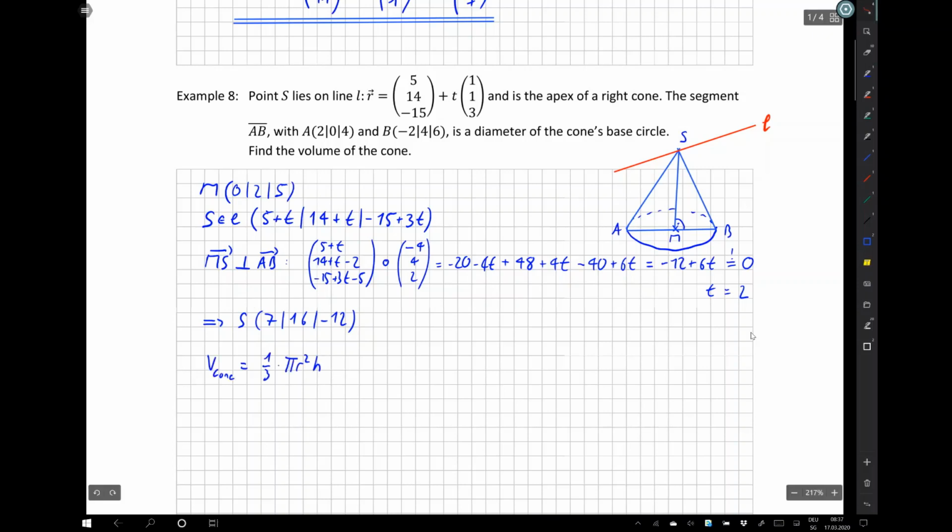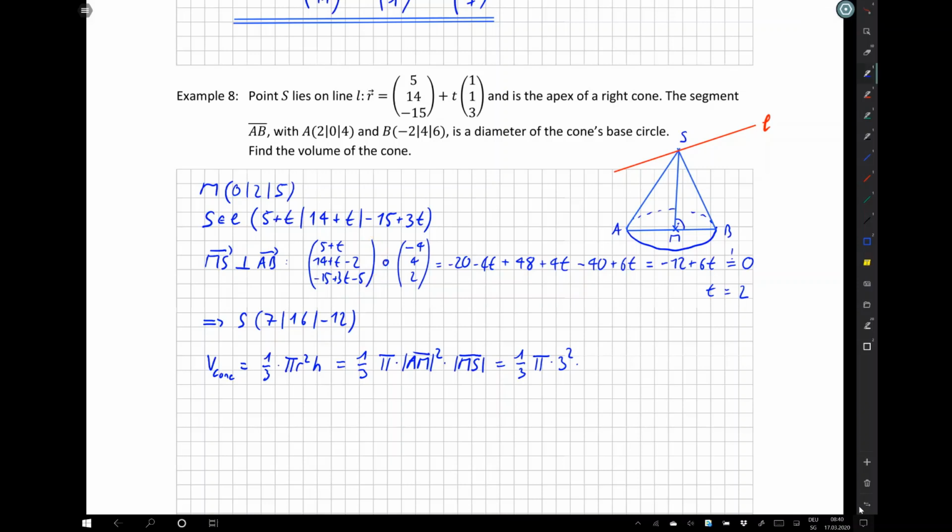The volume of a cone is 1/3 times the base face times height, so 1/3 times pi r squared times h. Since the radius of the cone is AM and the height of the cone is MS, the volume formula becomes 1/3 times pi times AM squared times MS. Since AM is half of AB, it's actually minus 2, 1, which has the length 3, and we need it squared, so we get 3 squared, times the length of MS, which is this vector here with t equals 2 inserted.